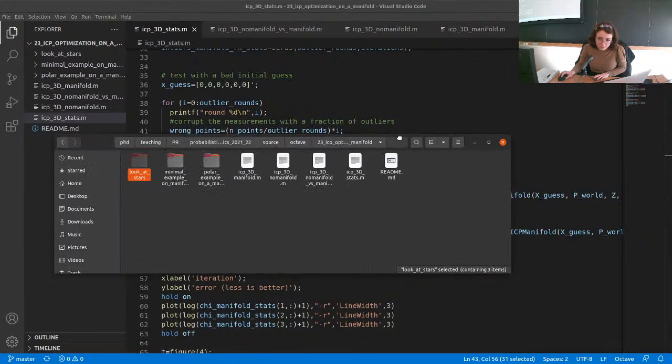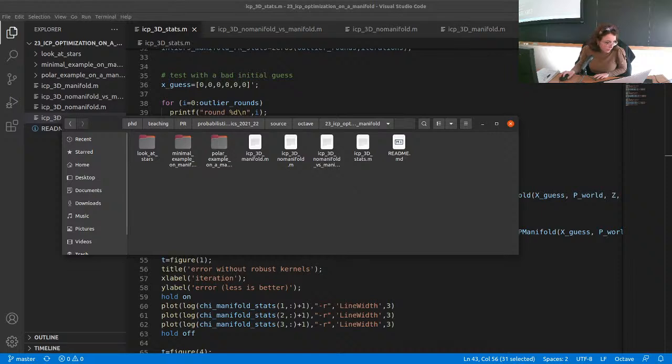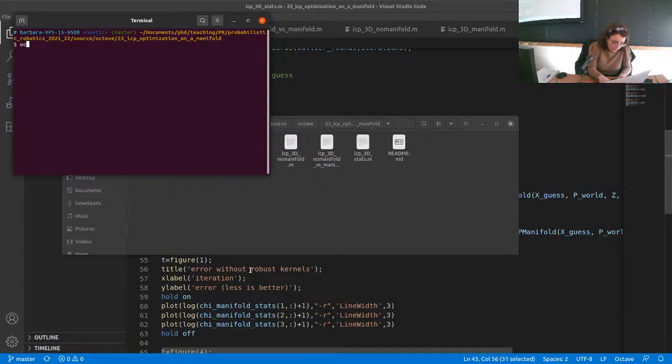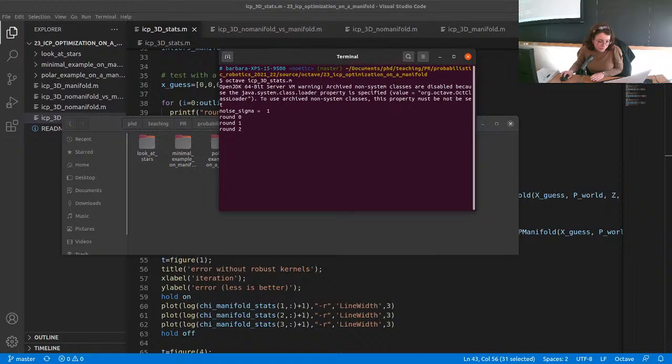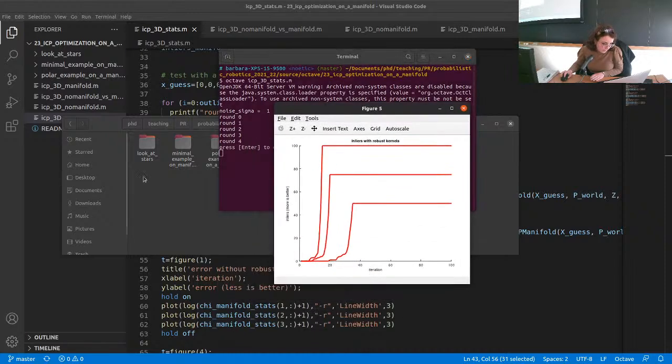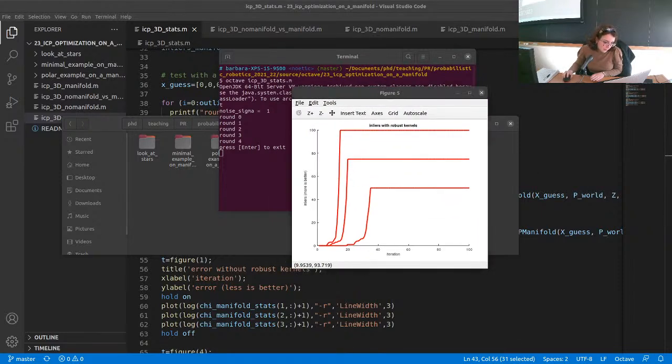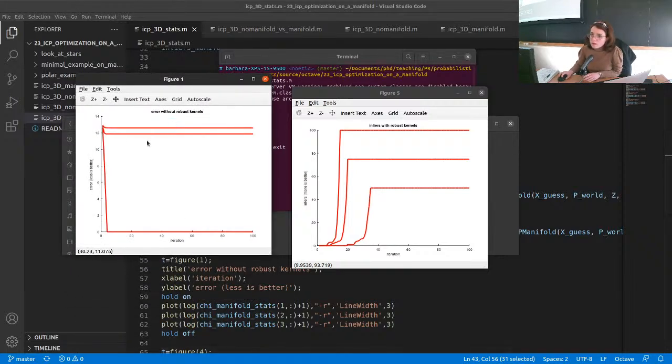Now, if you run this script, which is called, again, Icp 3D Statistics, so octave, Icp 3D Statistics, you can see that here it is. The evolution of the chi square is not really encouraging because we have 0 with 100% inliers.